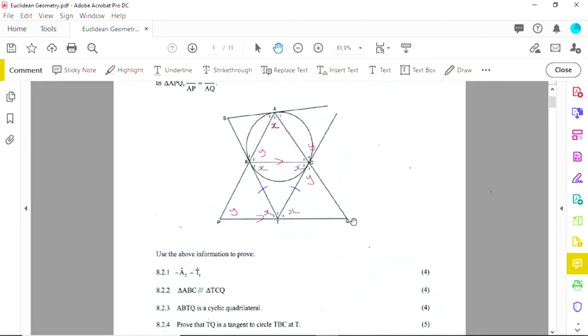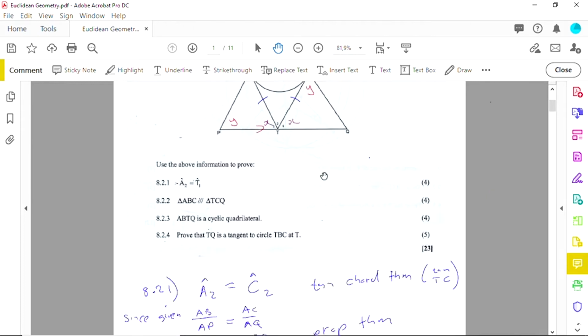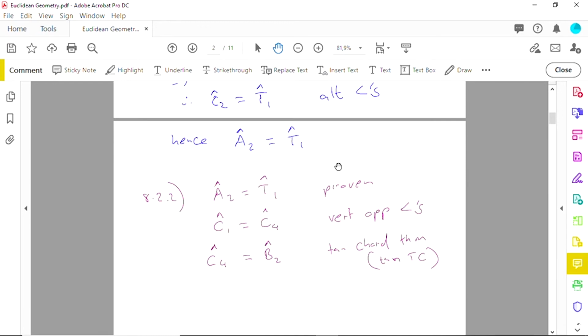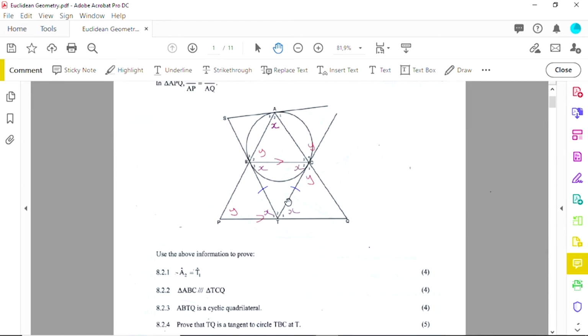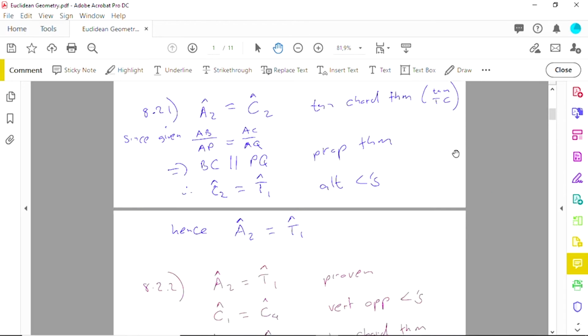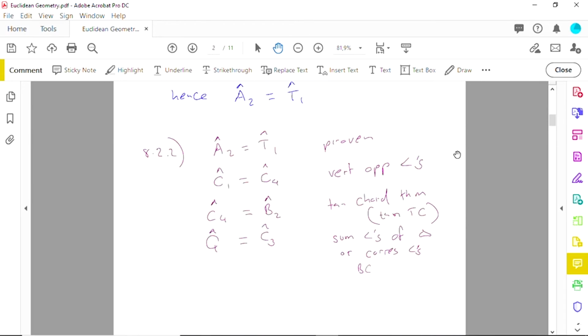And we said Q is equal to C3. So Q is equal to C3 either because of the sum of angles of a triangle, or corresponding angles, using BC parallel to PQ.